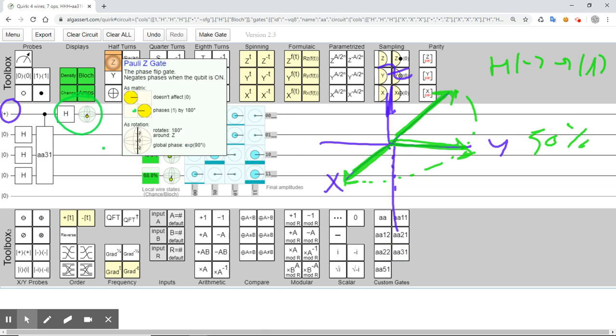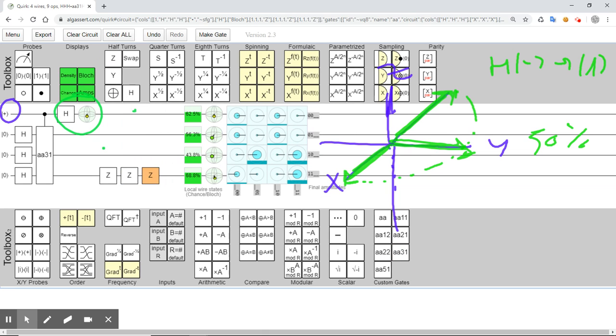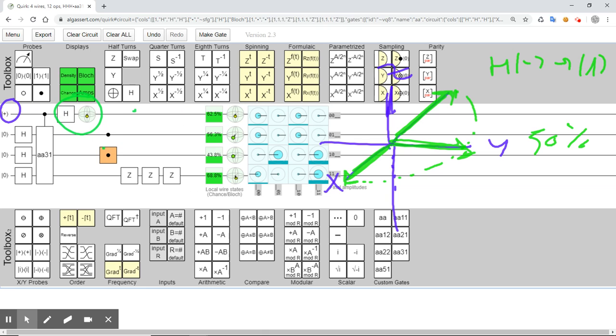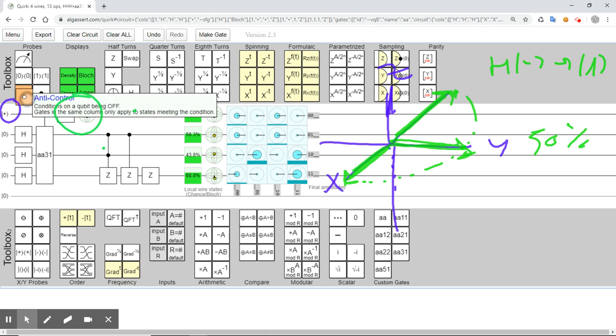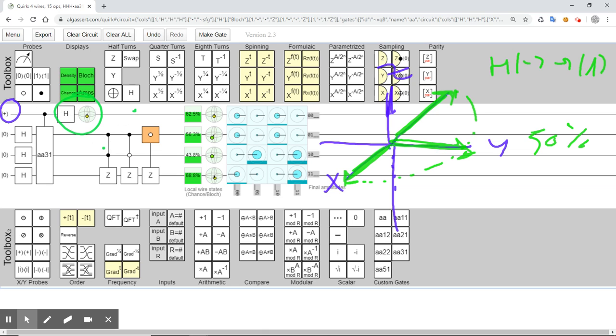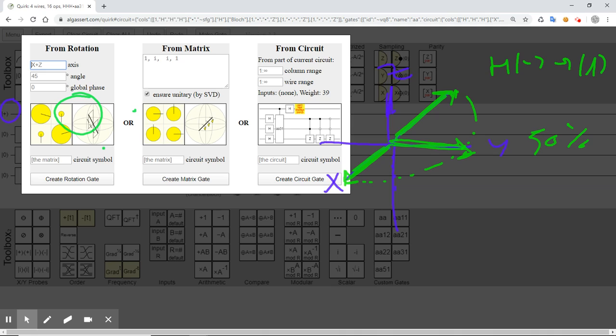So let's try. This is 3. A control Z, exactly. So these are the three solutions. If I make a gate out of these, there's definitely two, and that is definitely three.